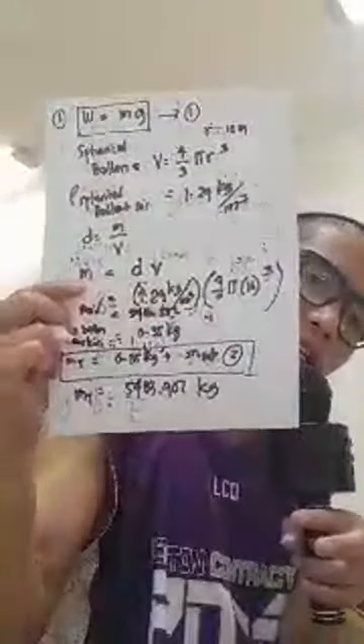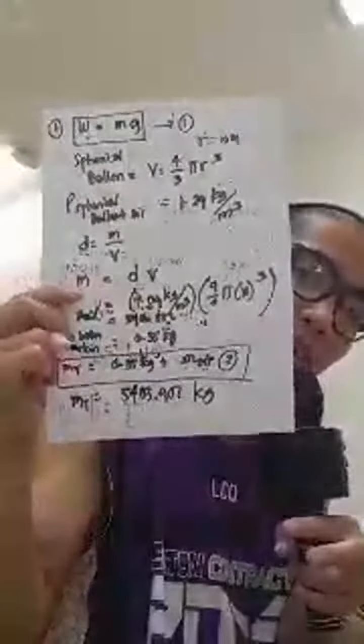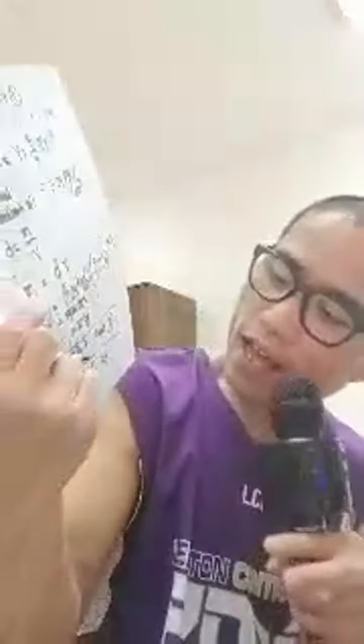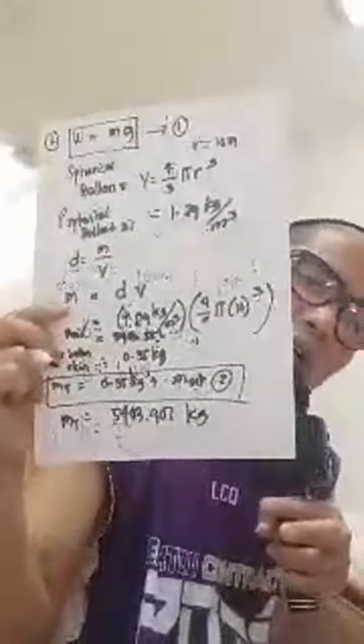The total mass of the air and the spherical balloon is 5,403.902 kilogram, and it's substituted in equation number 1. I will not write the unit anymore because there is no more space on the paper.